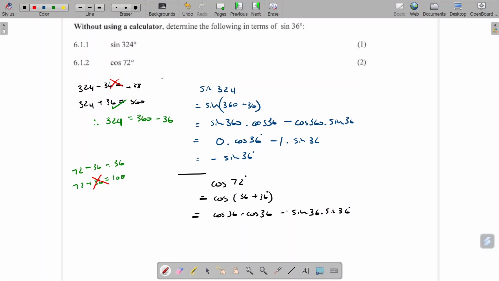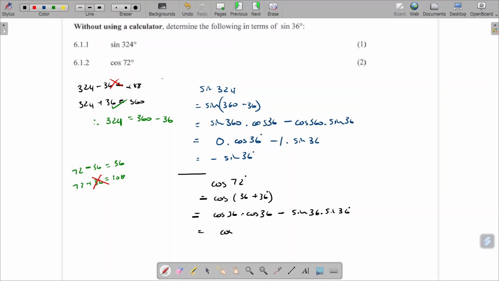Okay, now at this point in time, I've got sine 36s, which make me happy because that's what they asked me to do, write things in terms of sine 36. But I've got now cos squared of 36 minus sine squared of 36.